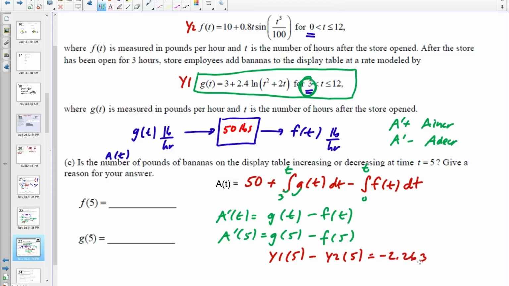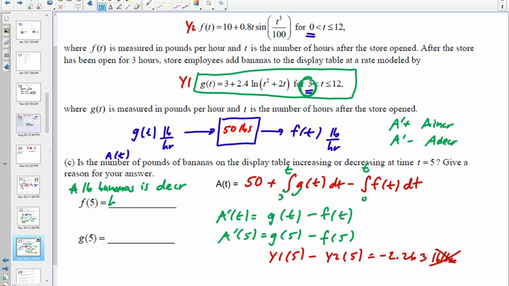Negative 2.263, what? Well, these are both rates, so if I wanted to know what this is, this would be pounds per hour. Now you don't need to put the units, so don't put the units, but I wanted to show you that if they asked, that would be pounds per hour. Since this is negative, you'd say the number of pounds of bananas is decreasing.